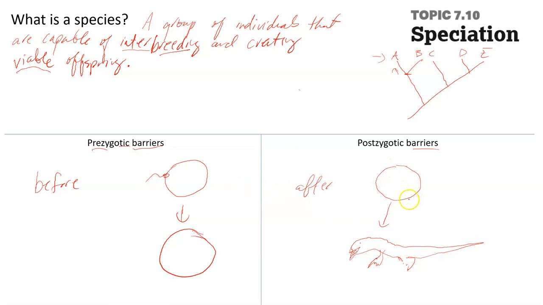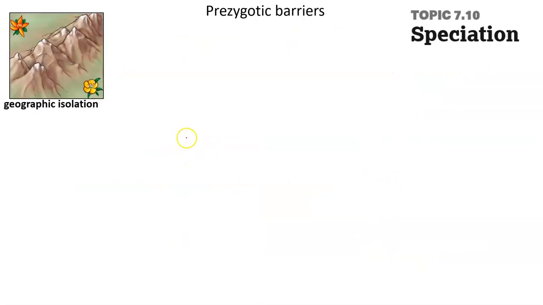So let's go ahead and continue on and look at prezygotic barriers first. So prezygotic barrier number one, geographic isolation, is exactly what it sounds like. Two species being isolated geographically due to some sort of physical barrier.